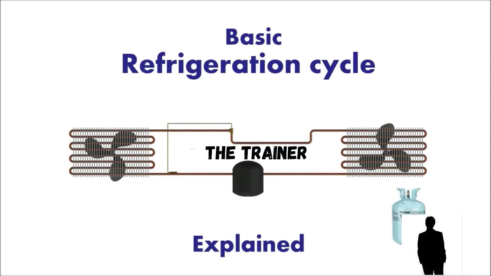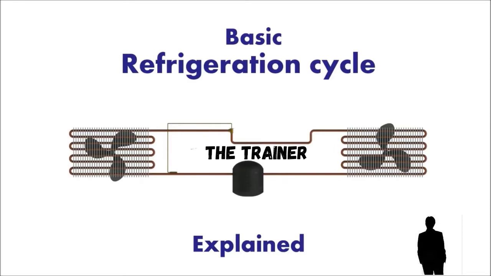So if we imagine that this is the refrigeration cycle or the split air conditioning unit, a typical one that's used to cool a room in an office or a home, or even the fridge, it's pretty much the same system as well, just scaled down a bit. To cool that room down, we need to collect the heat from one area, from the room, and then dump it somewhere else.